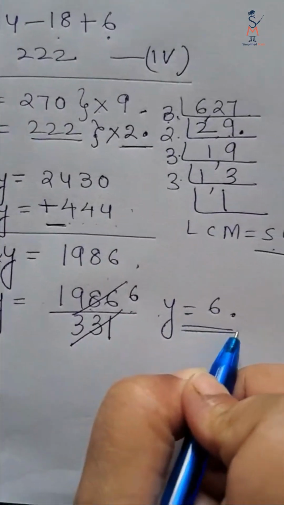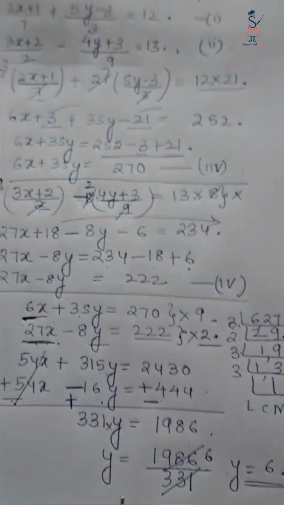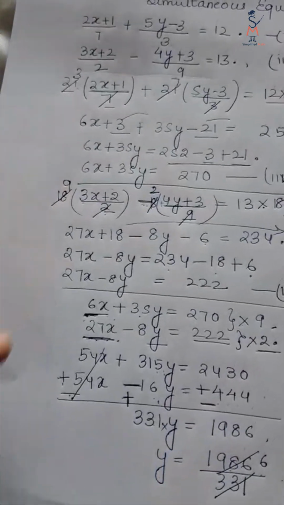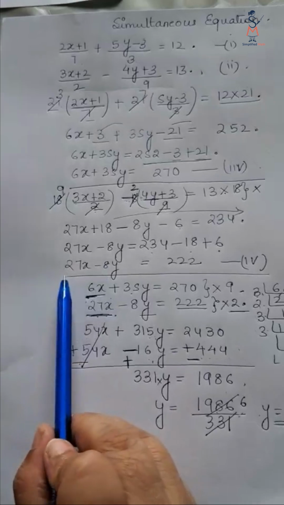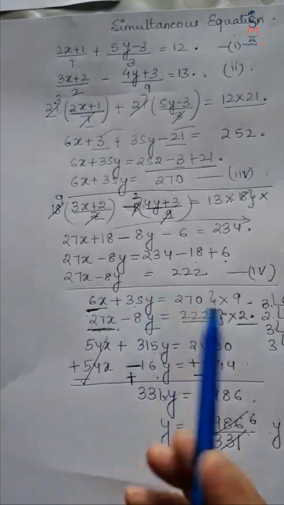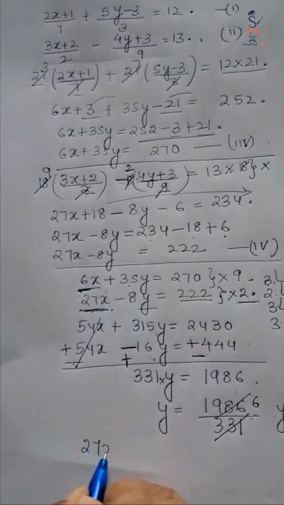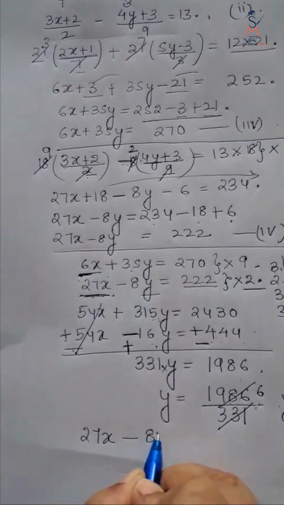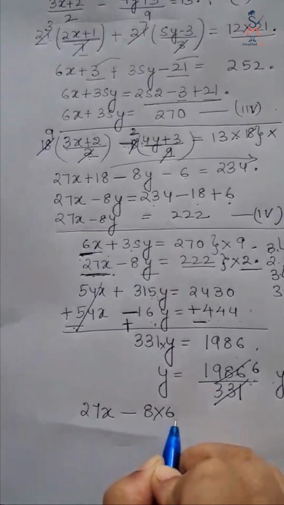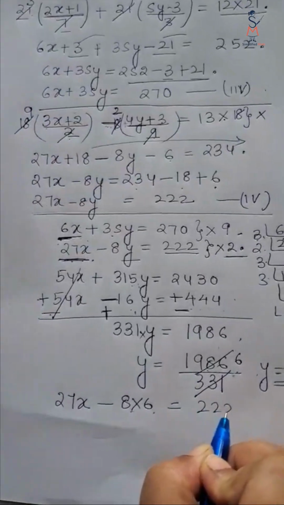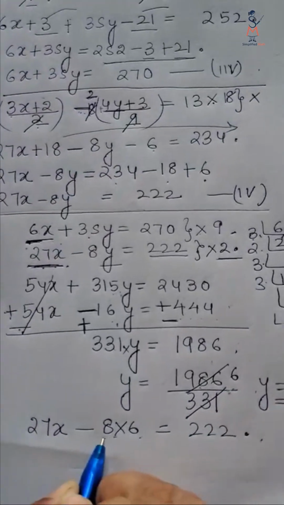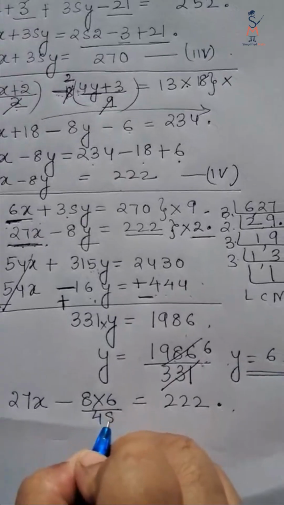We'll put the value of y in any of these two equations, either this or this. So let's put it in the fourth equation. So 27x minus 8 into 6, that is 8y, is equal to 222. 8 6s are 48.